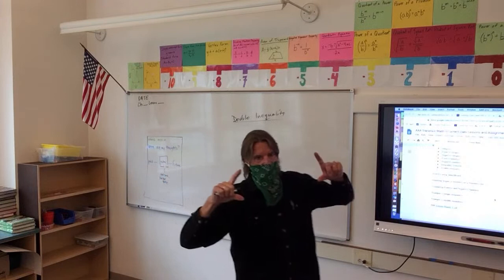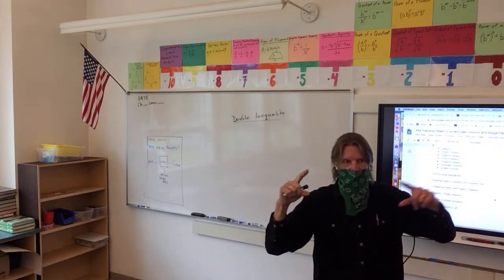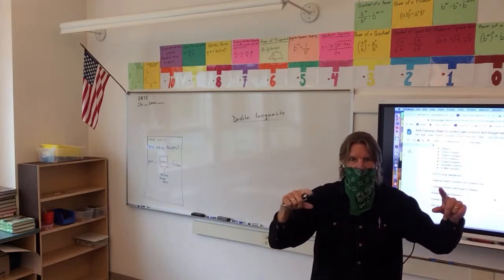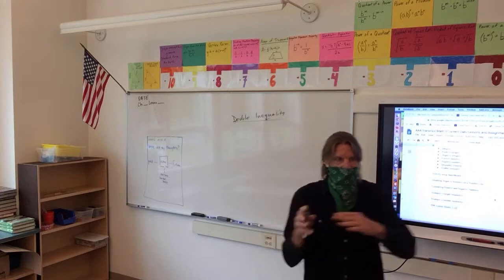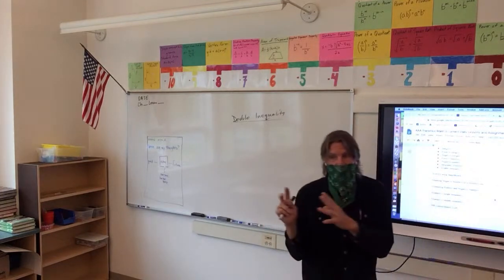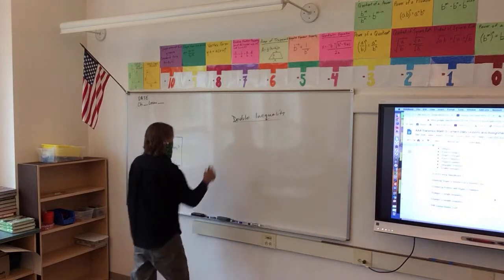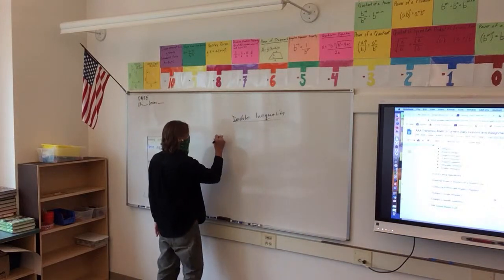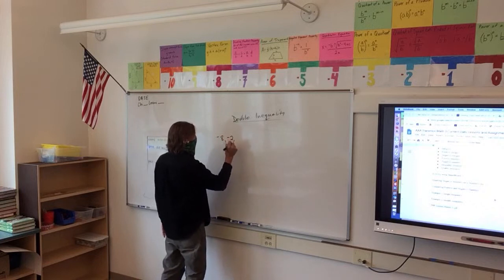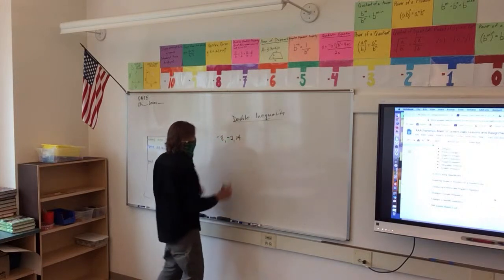You can never write a double inequality using greater than and less than. You have to use less than twice, or you have to use greater than twice. So let's take our numbers, -8, -2, 14.